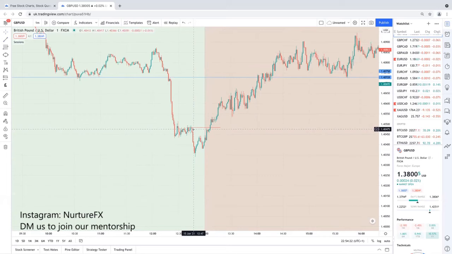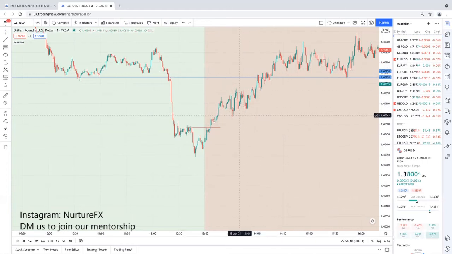Unfortunately for us, it came down. When it beat that high, it never retraced back down to our institutional candle, and it went up. Okay, but the principle is the same. You see how when it beat this low, market structure changed and it continued up.